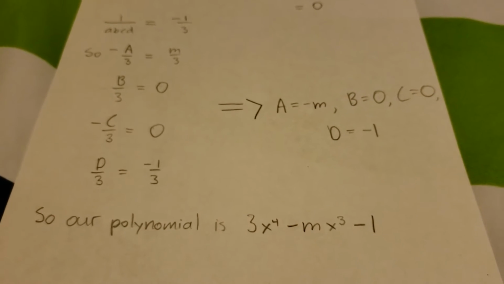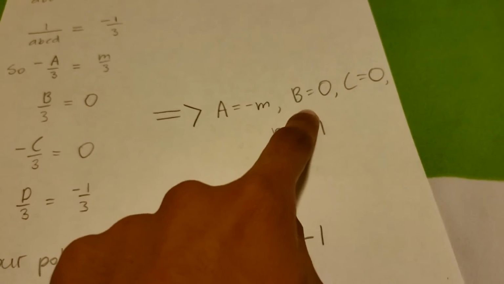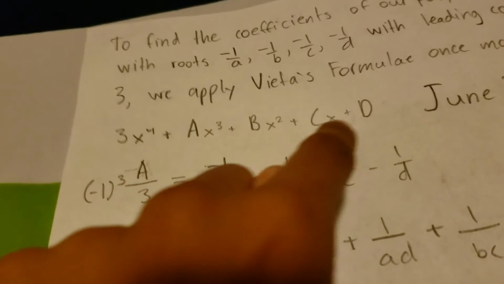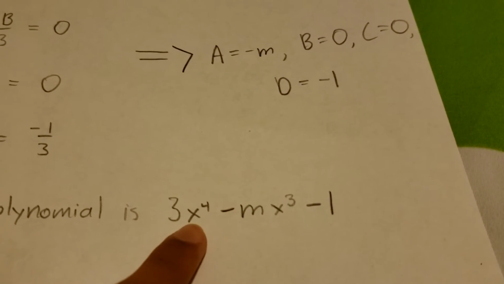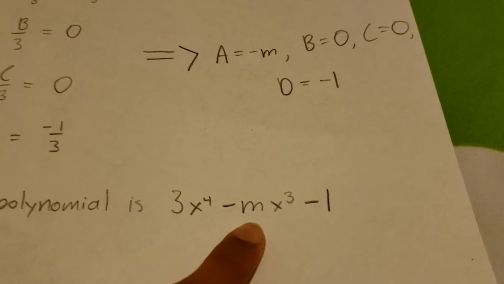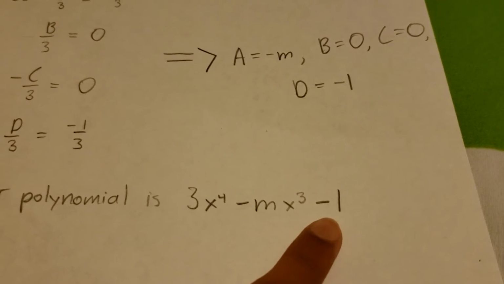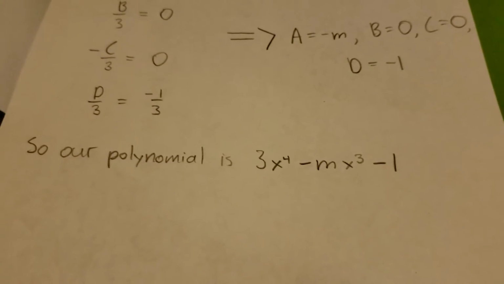So, finally, we have our polynomial. We have our values for capital A, capital B, capital C, and capital D, and they go into this polynomial over here. So our polynomial now is just 3x to the 4th minus mx cubed, and then minus 1. And that's it. We have our answer, finally.